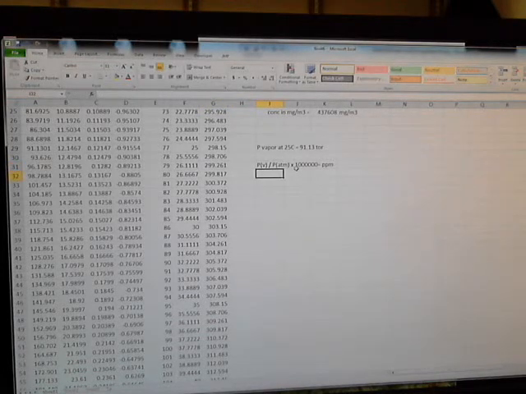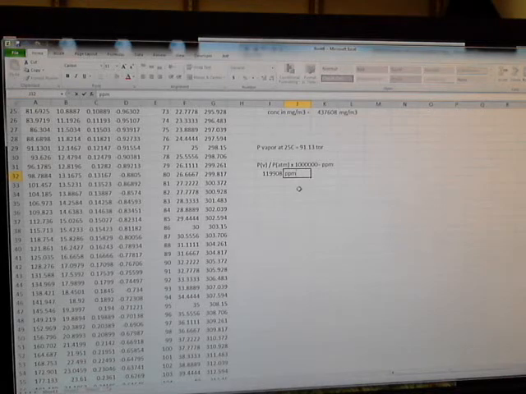Alright, so now let's actually do that. We hit equals to build an equation, and then we want to use our vapor pressure at 25 C divided by atmospheric pressure, 1 atmosphere, 760 torr, and then times 1 million, 6 zeros. So there it is, ppm.